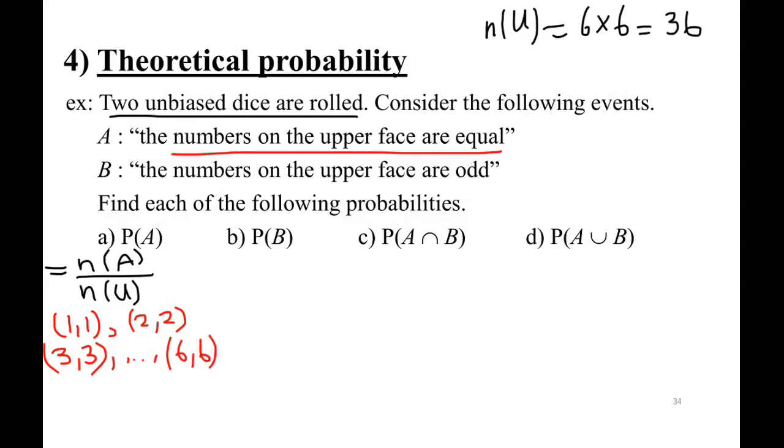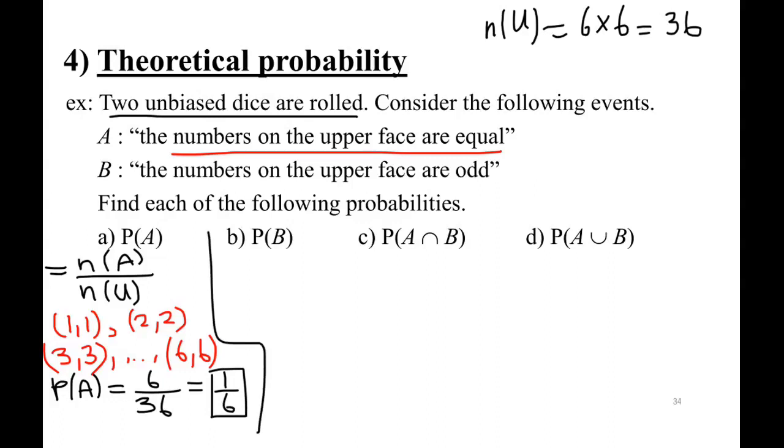We must have equal faces on the upper sides. So that leaves us with 6 possible outcomes for A. Therefore, the probability of A is 6 out of 36, which simplifies into 1 out of 6. So the probability of event A is 1 out of 6.